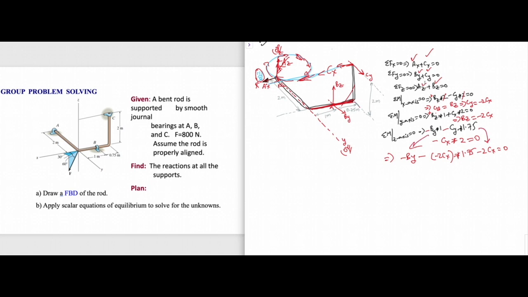That implies what is By? By is 2Cx times 1.75, negative 2Cx.